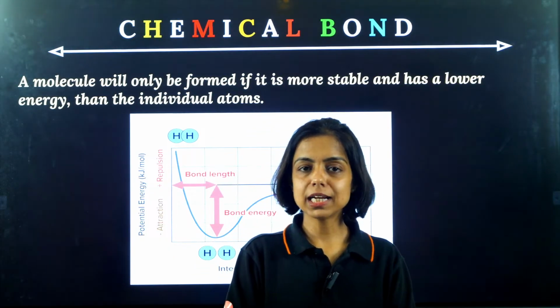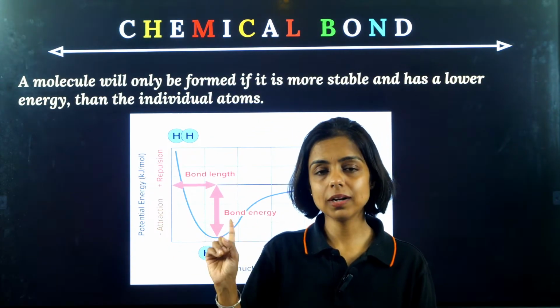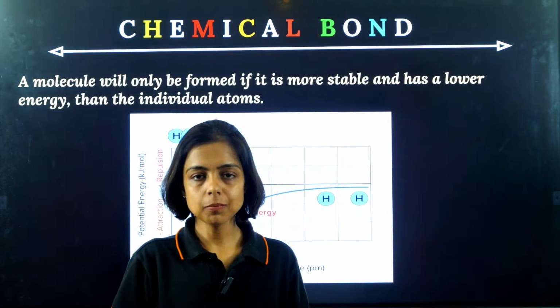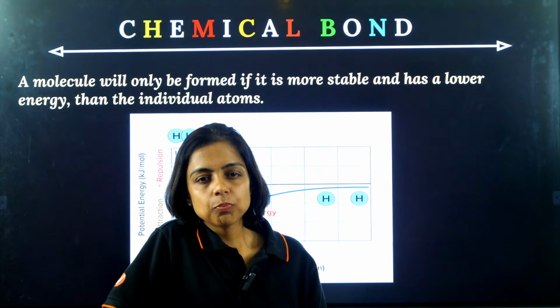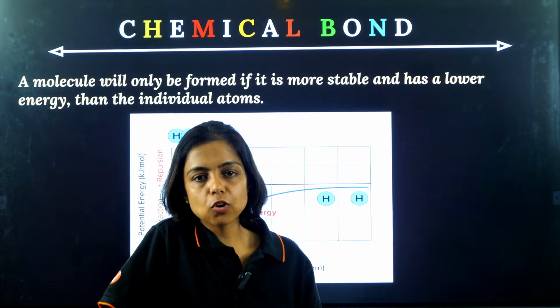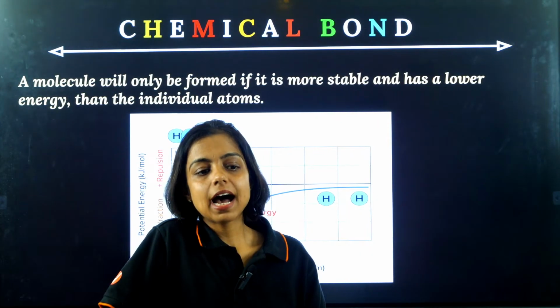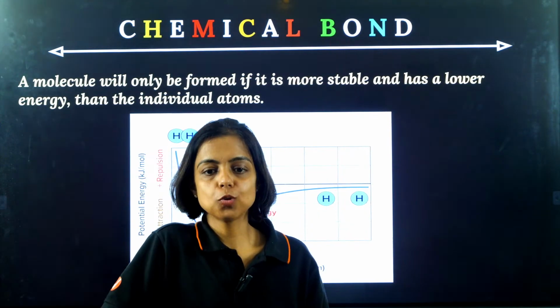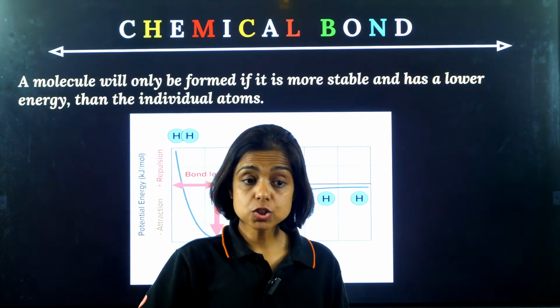So when other elements look at those noble gases, they feel jealous. Every element wants to be stable. So every other element feels, if I can acquire the configuration of a noble gas, I will also become stable, because the noble gases are stable due to their configuration.